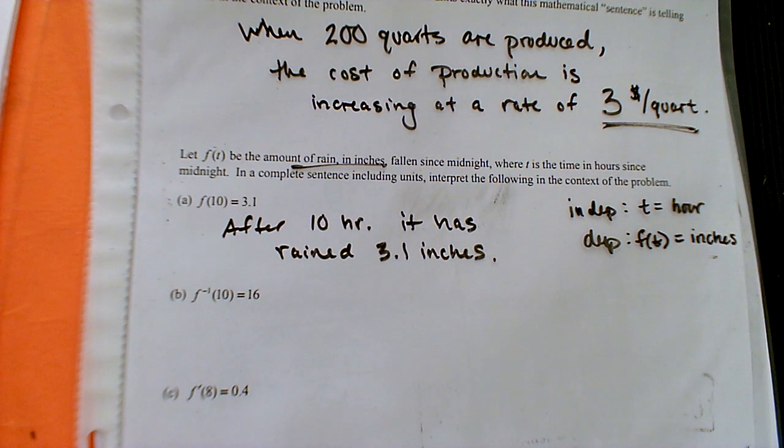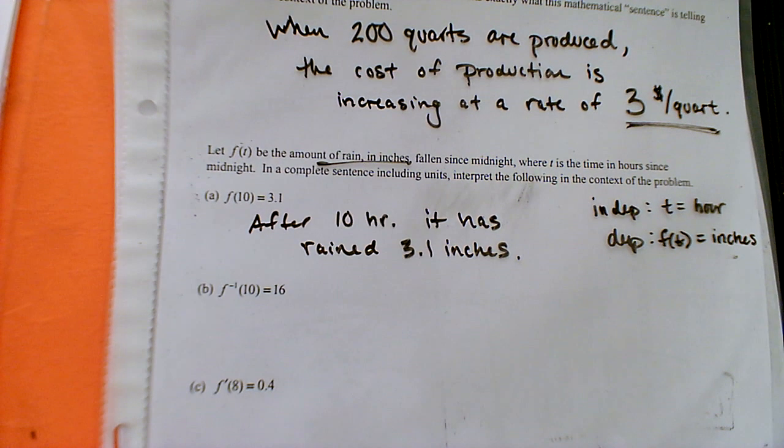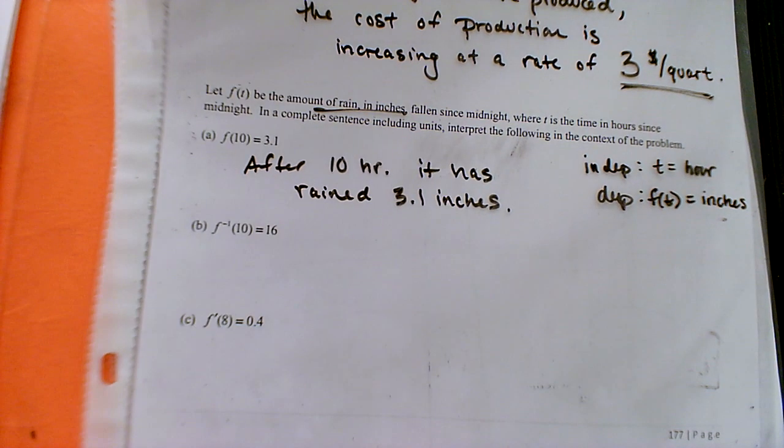What about B? In 10 hours, the rate at which rain falls is 16 inches per hour. What's that little negative power mean? This is not a prime, right? That's not a derivative. What's the -1 power mean? Inverse.